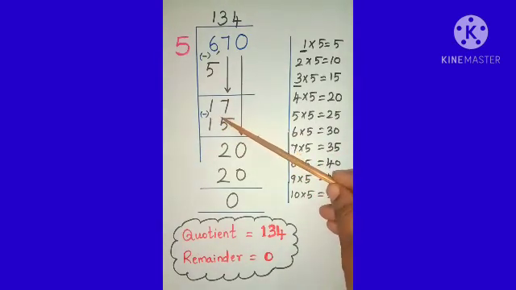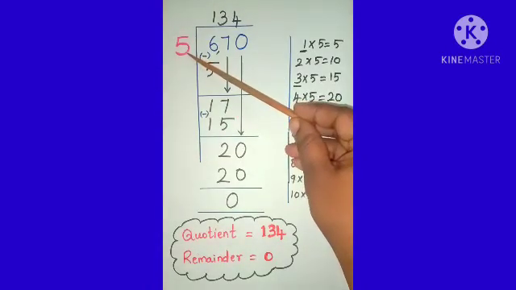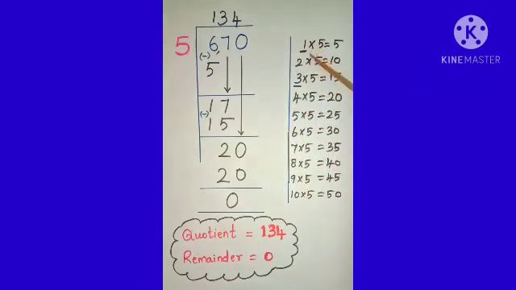Take the number 17. Then divide 17 by the divisor 5. See the table. Again we have to see the table. And 17 lies between 15 and 20. Which value do we have to take? Yes, the exact value or smaller value.